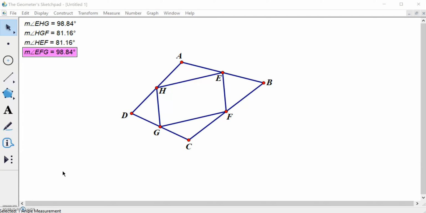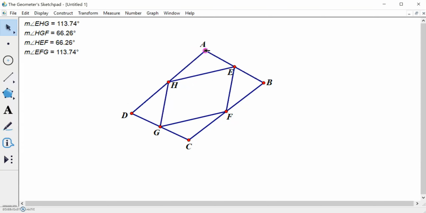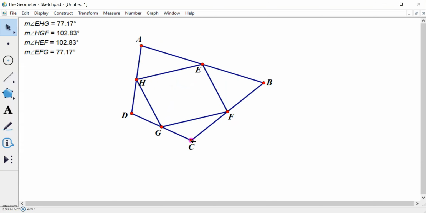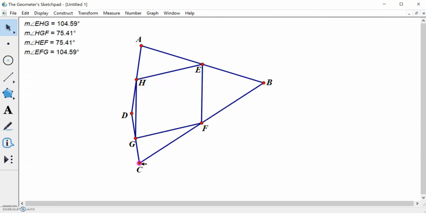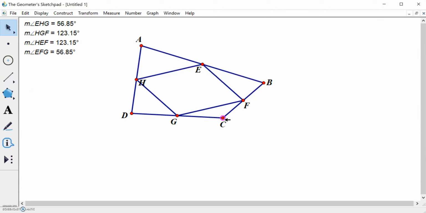The second conjecture will be that the opposite sides or line segments of the quadrilateral will always be congruent. Again, from the naked eye, we can see that the line segments HE and GF, as well as EF and HG, seem to be congruent.